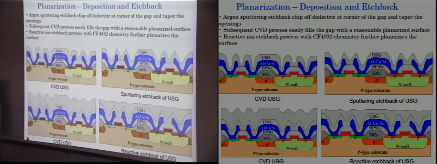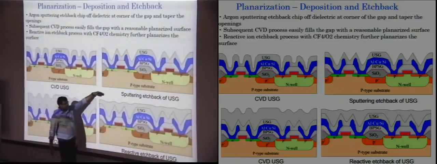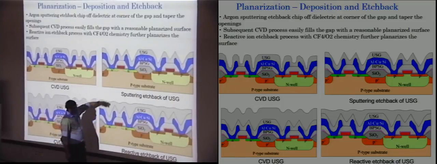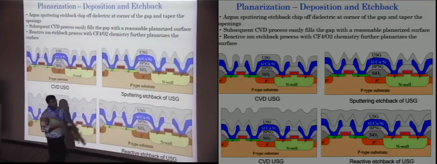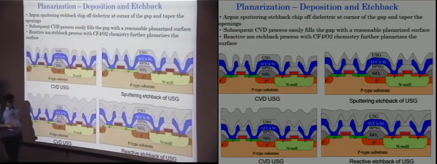This is a very painful process in which you can utilize sputtering etchback or reactive etchback. As long as the etching is more vertically down, or more anisotropic, you can finally end up with a more planar surface. So it is a deposition, etching, deposition, etching kind of process to get more planar surfaces.